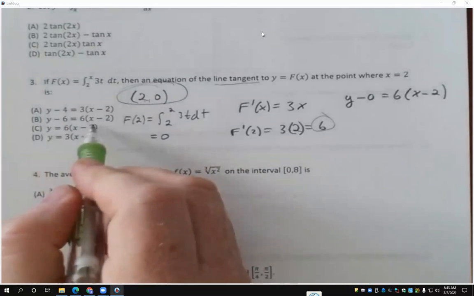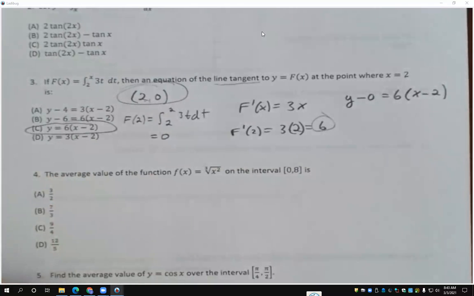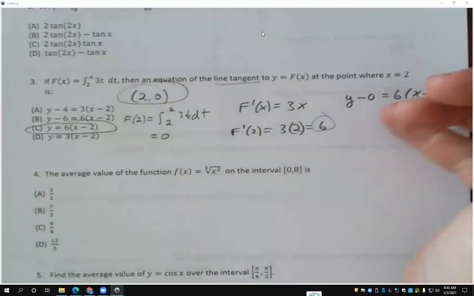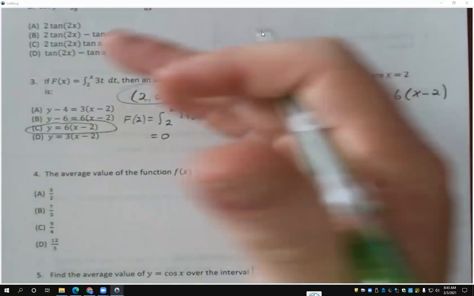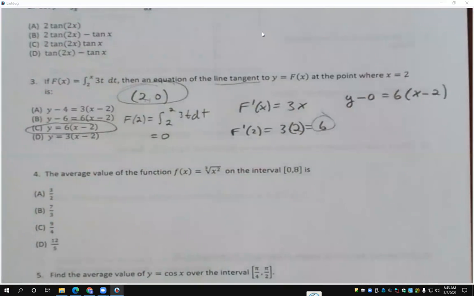It's answer choice C. Maybe they might be written in slope-intercept, which this is in slope-intercept also because of that 0. Maybe they're written in standard form where we have to move x's and y's to one side. You just have to adjust to whatever the answer may be. All right, any others on page 1?